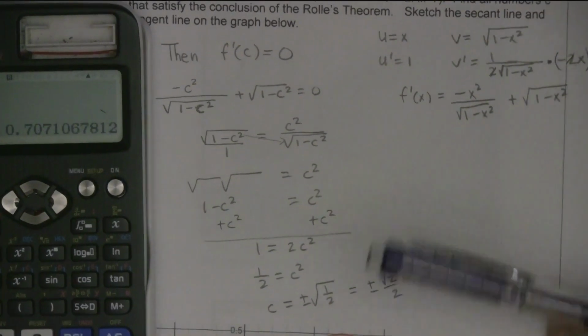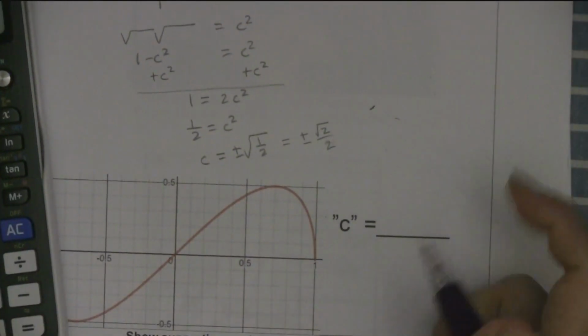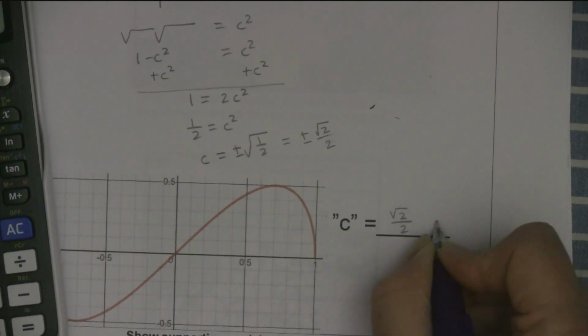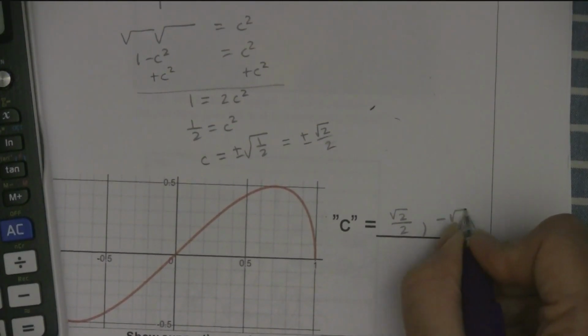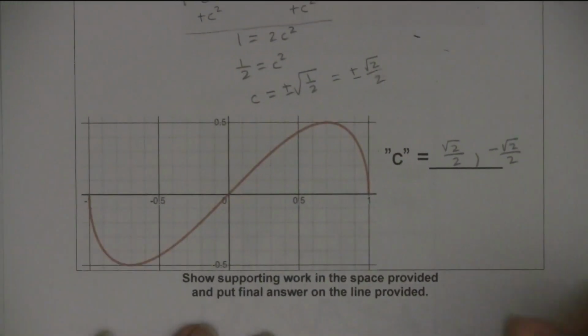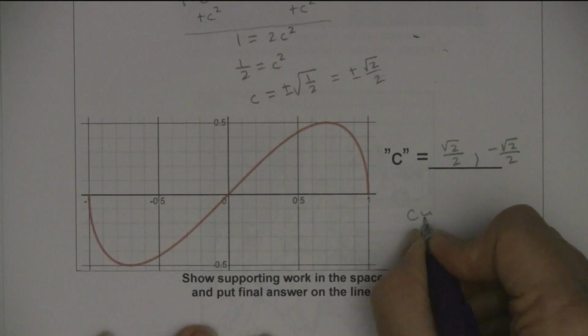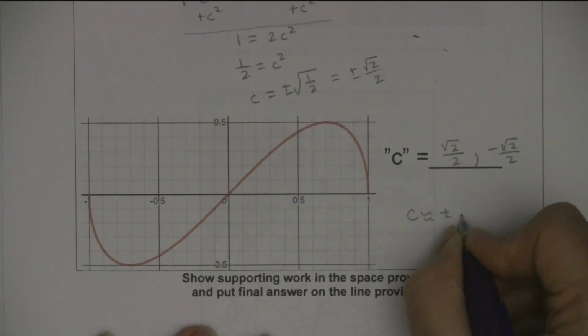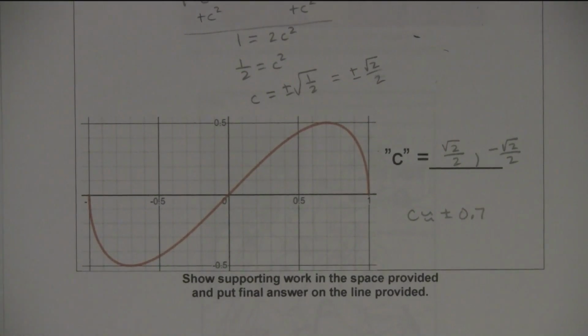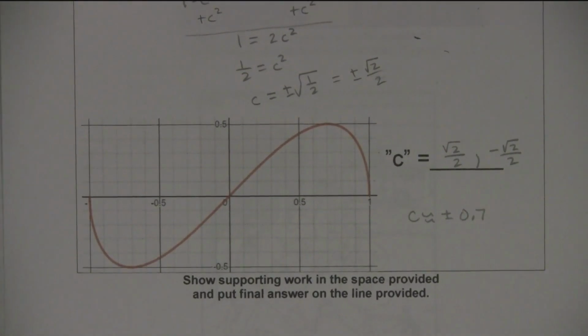And my interval went from -1 to 1. So this is my C value. C equals the square root of 2 over 2, also negative square root of 2 over 2. Of course you could write it with the plus or minus. I don't care about that. I'm just going to note that C is approximately equal to plus or minus 0.7, because I really can't get too much more accurate when I'm graphing.